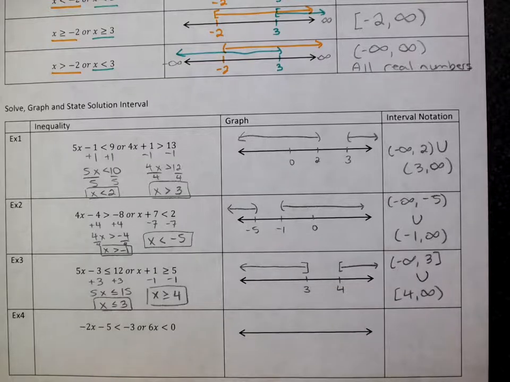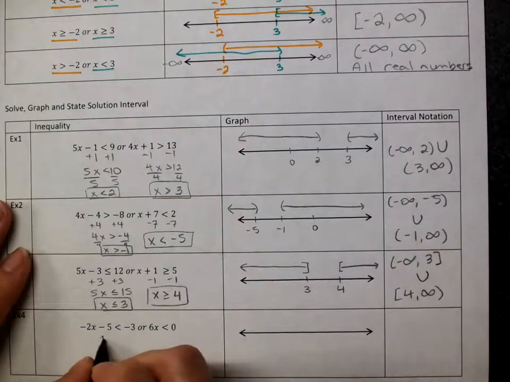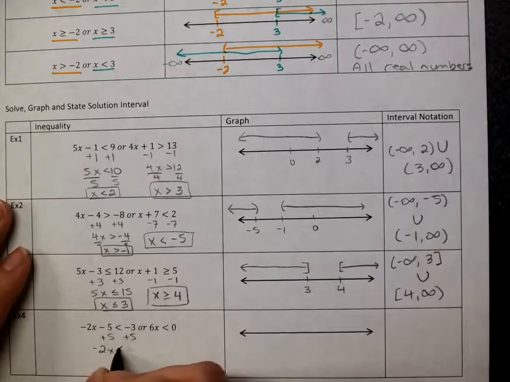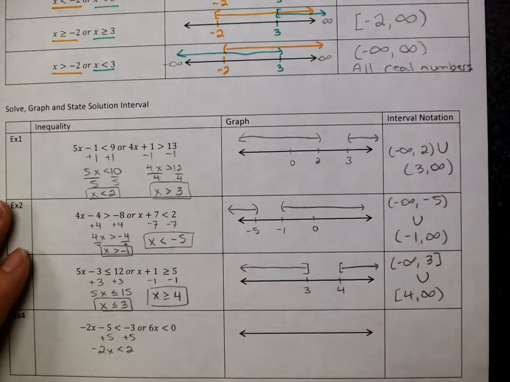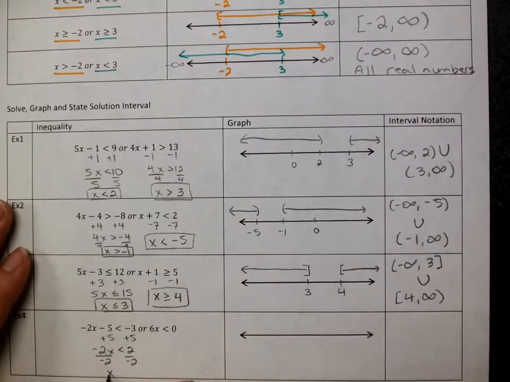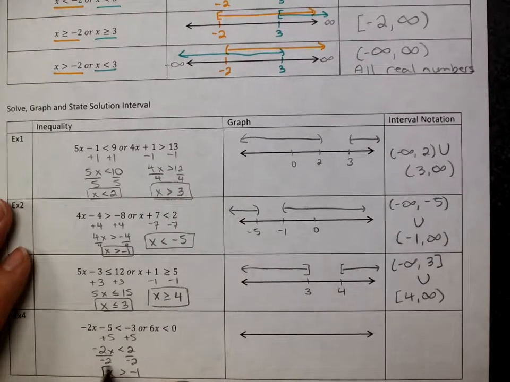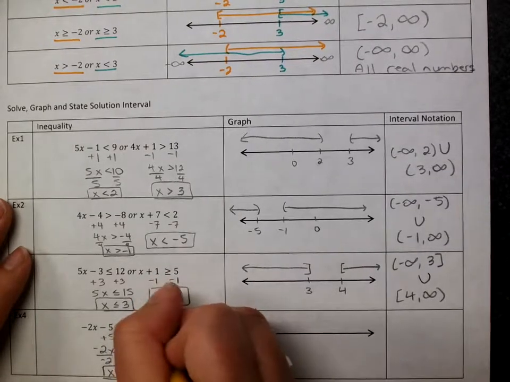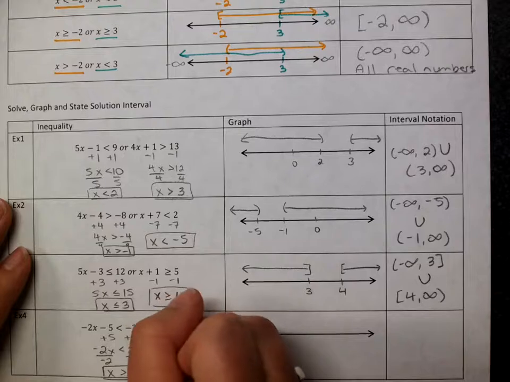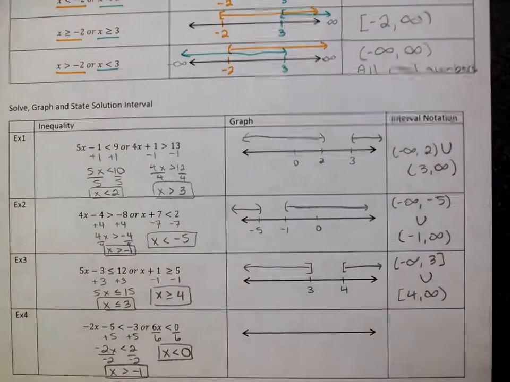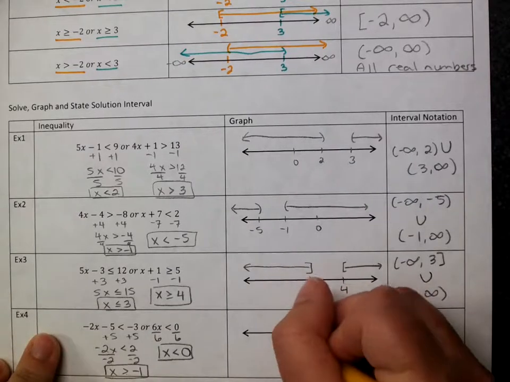All right, and last but not least, example 4. Negative 2x is less than 2. When you divide here, you're going to be dividing by a negative. So turn your sign the other way. So it was less than, now it's greater than. Here we'll just divide by 6. We have x is greater than negative 1.